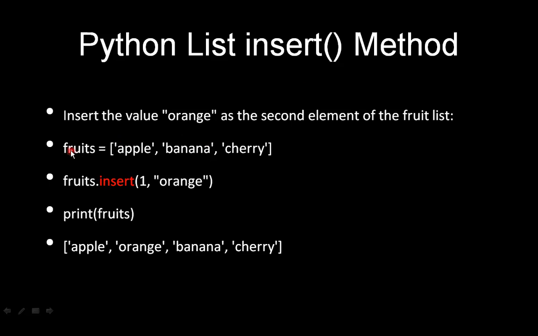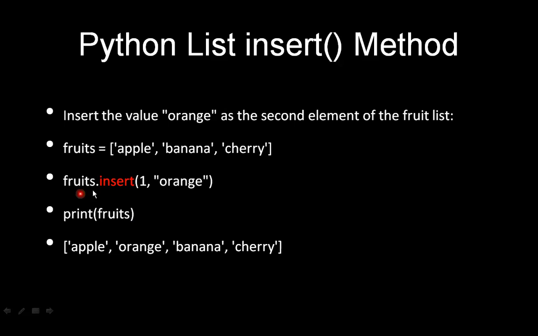See where this insert method will be helpful: suppose I have forgotten to add some element at a specified position. If I want to add it suddenly, then I can add it with the help of the insert method. So here, how can I do that? You can notice here the list name.